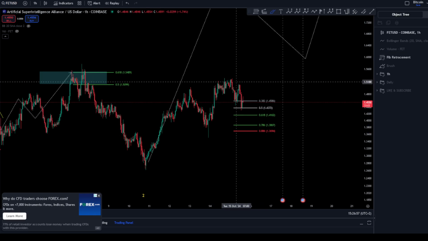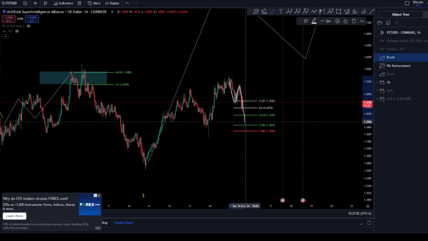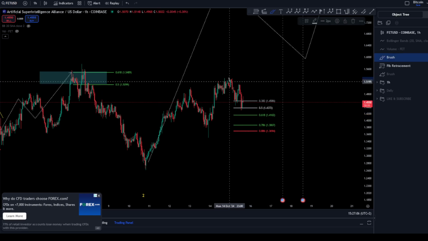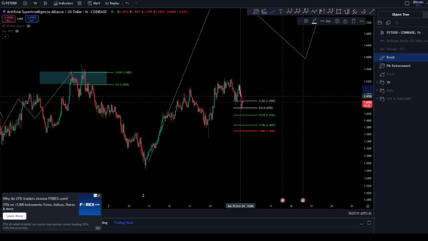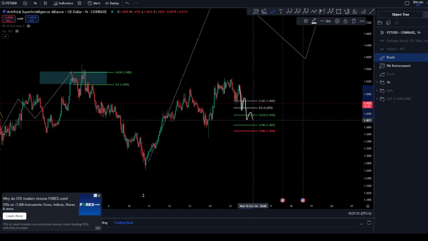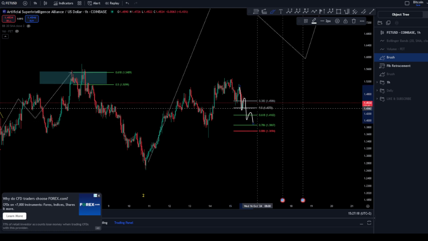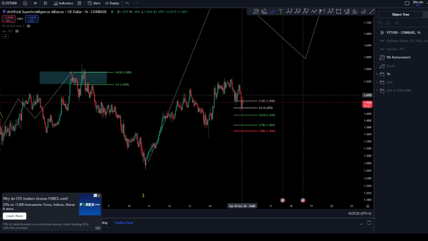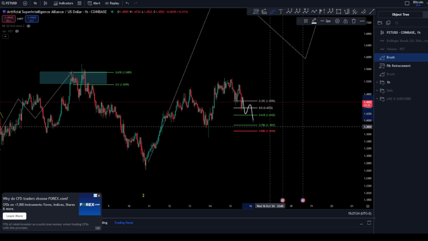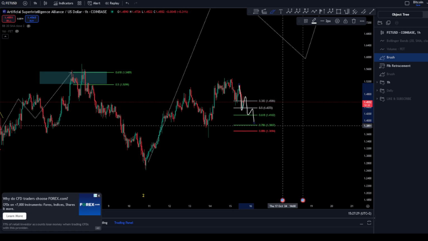However, if we want to count this as A, B, and a C, it is possibly, if we get one more wave towards the downside, this might be a W, X, and a Y, because your impulse here is very strong, unless, of course, we get 5 waves towards the downside. So 2 things to expect: just one move towards the downside directly to those fibs, or more 3 waves to finish, of course, your wave C, 1, 2, 3, 4, 5 to finish almost here.